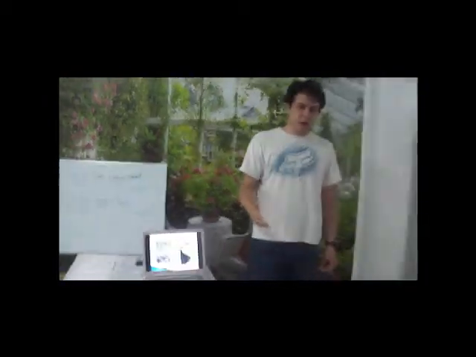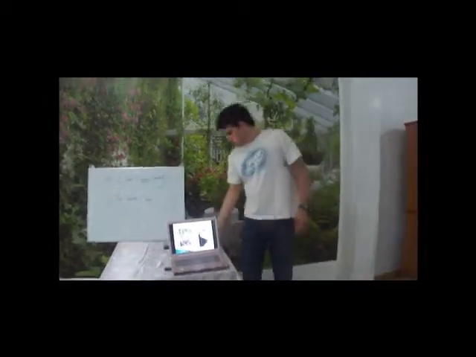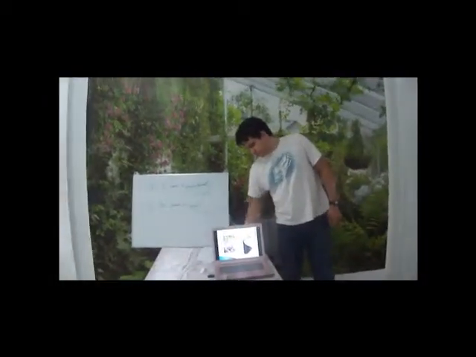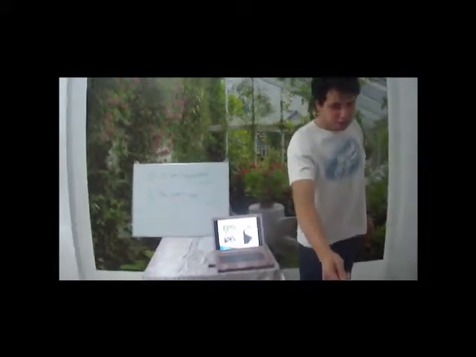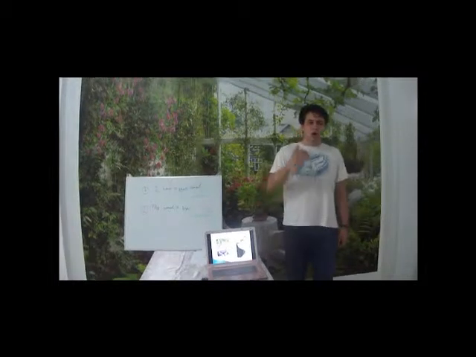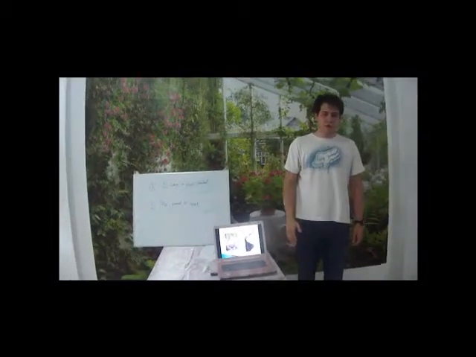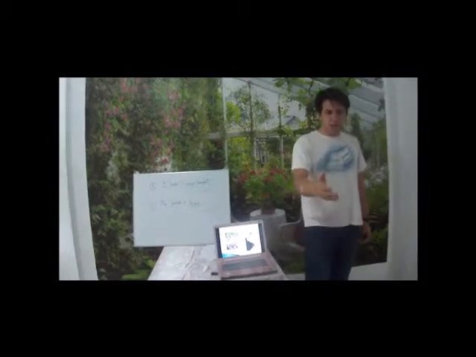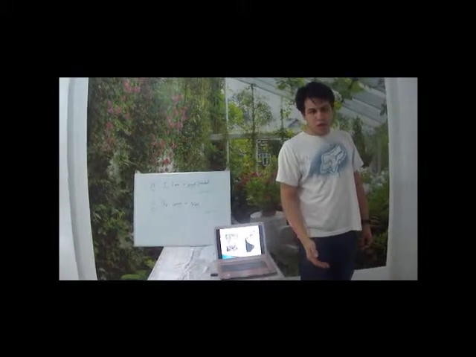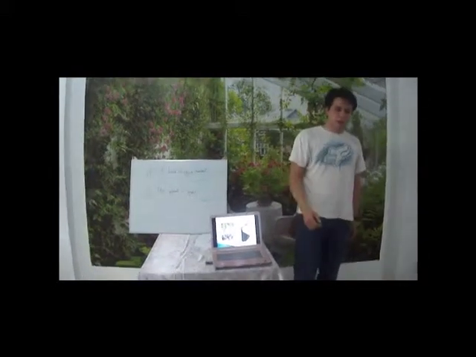If I would like to know what object you have, Miguel, I would ask you, what do you have? And you would answer, I have a pencil. Well done, Miguel.